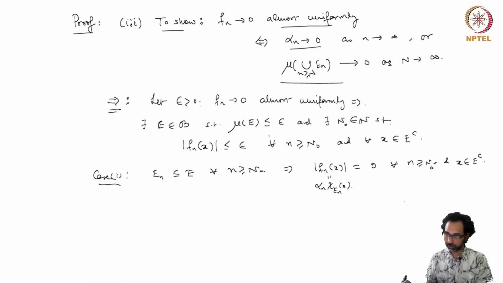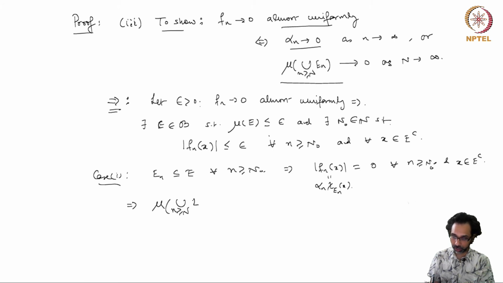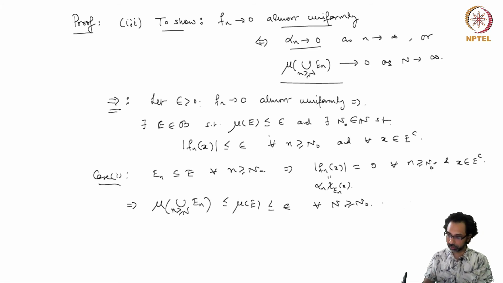And this means that the measure of the union over n greater than or equal to capital N of En is less than or equal to the measure of E, which is less than or equal to epsilon for all capital N greater than or equal to capital N naught, and this means that the measure of the nth tail support goes to 0 as capital N goes to infinity.